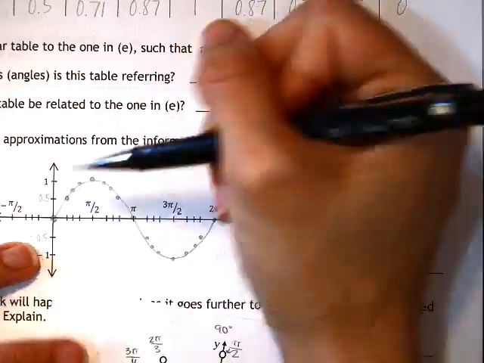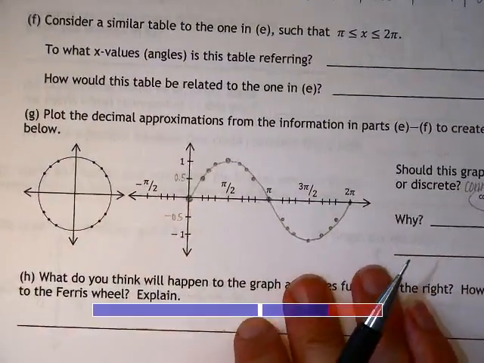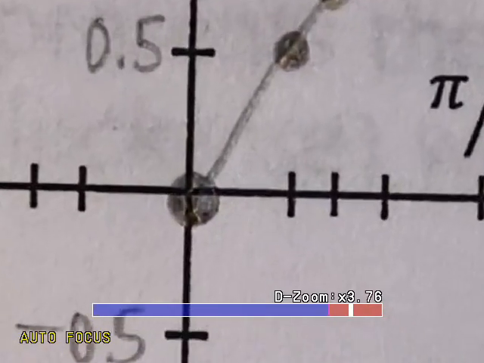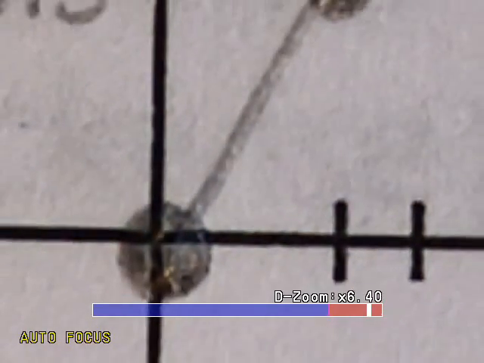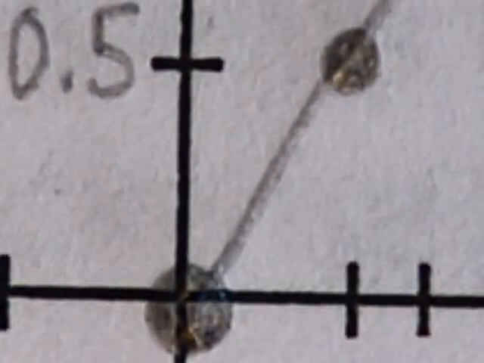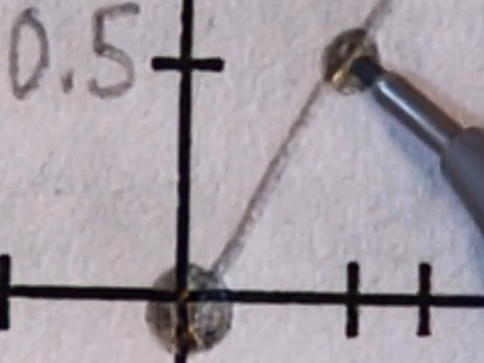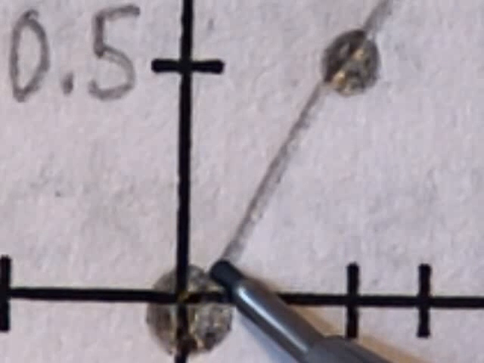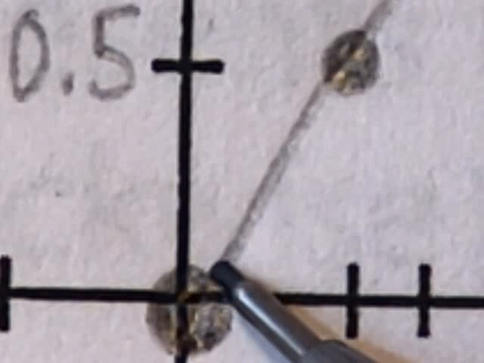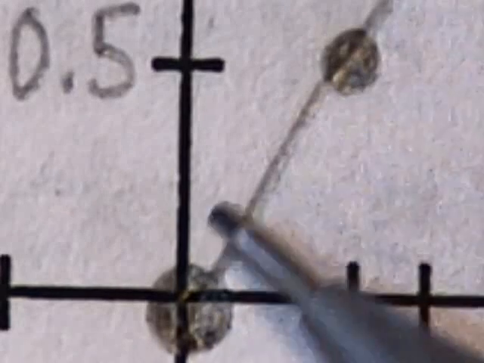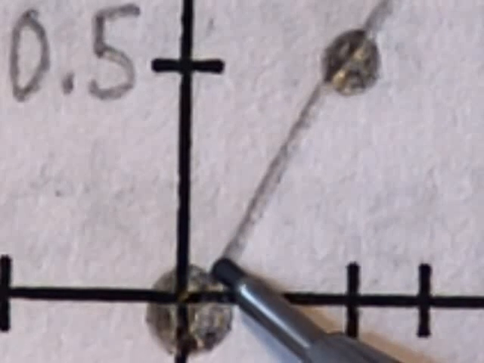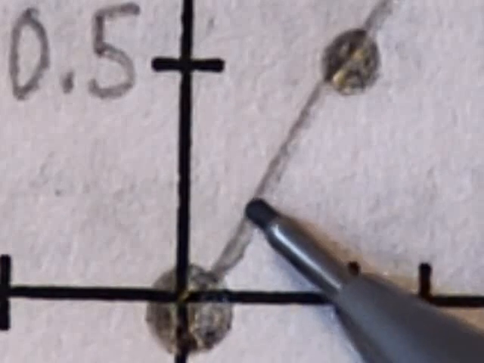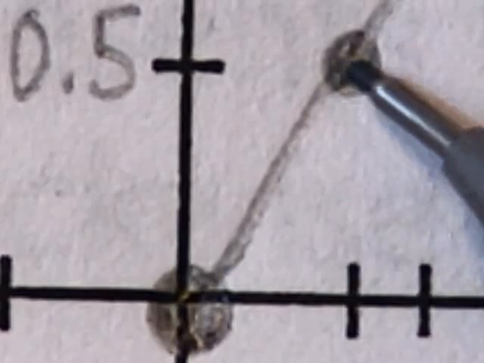But if you really think about it, and I'll use this zoom to the best of my ability here, on the most microscopic levels that you can possibly think about, if this first tick mark was the seat at 30 degrees, all of these individual little dots, almost like all of the individual tiny bits of graphite that I put down on my paper when I connected the dots, represent the heights at seat with 1 degree, 2 degrees, 3 degrees, 4 degrees, 5 degrees, 6 degrees, 7 degrees, 8 degrees, all the way to this first stop at 30 degrees.